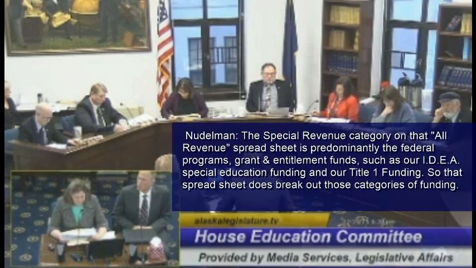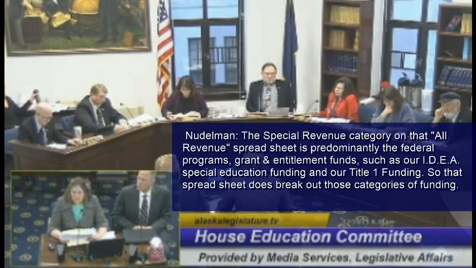Thank you, Chair Keller. On the spreadsheet that is available on the department's website, the category Other is earnings on investments, the E-rate program, and some very small other contributions from communities, such as scholarship funds.